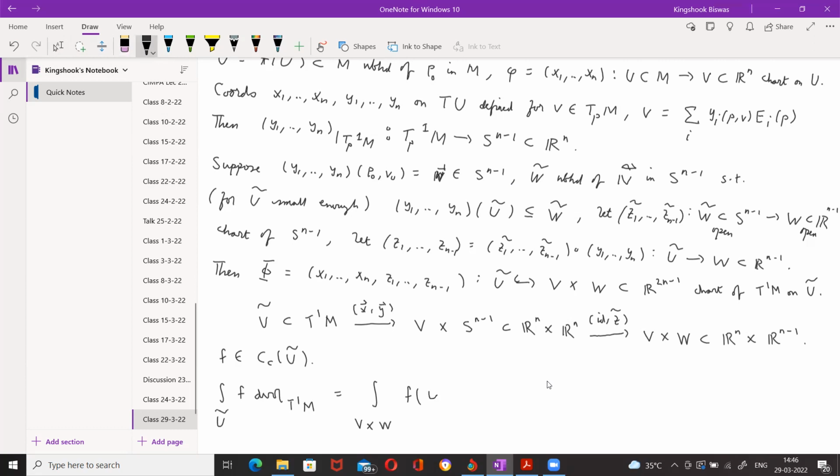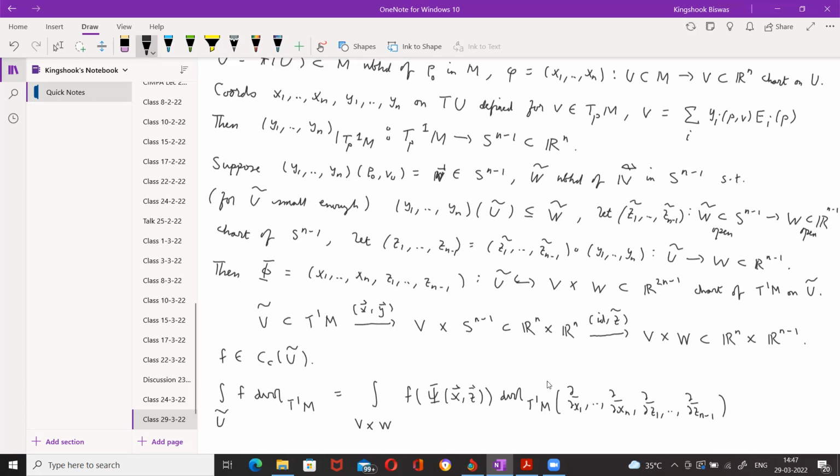So this will be f of capital psi of xz, d vol T1m of, the basis with respect to these coordinates x1 to xn, z1 to z(n-1), will be del del x1 up to del del xn, del del z1 up to del del z(n-1), right?